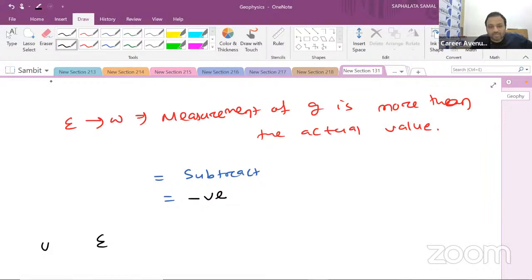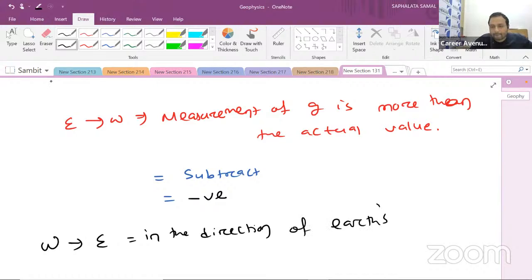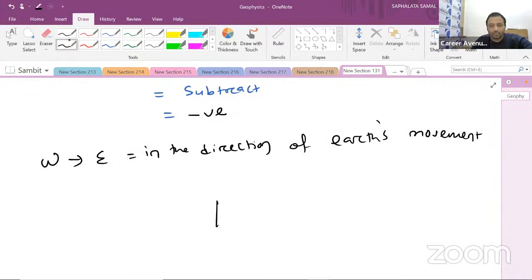in the direction of the Earth's movement, so this is the train moving at a velocity v. You are moving at a velocity v1.